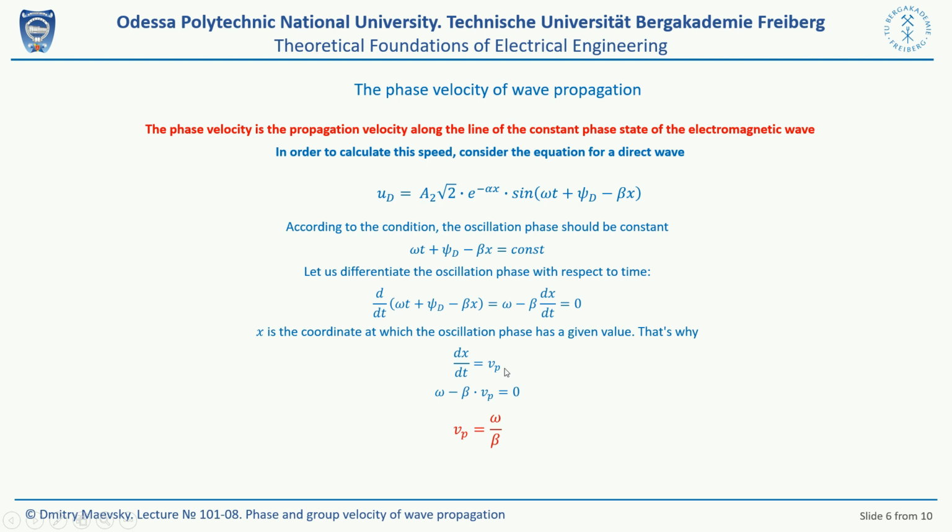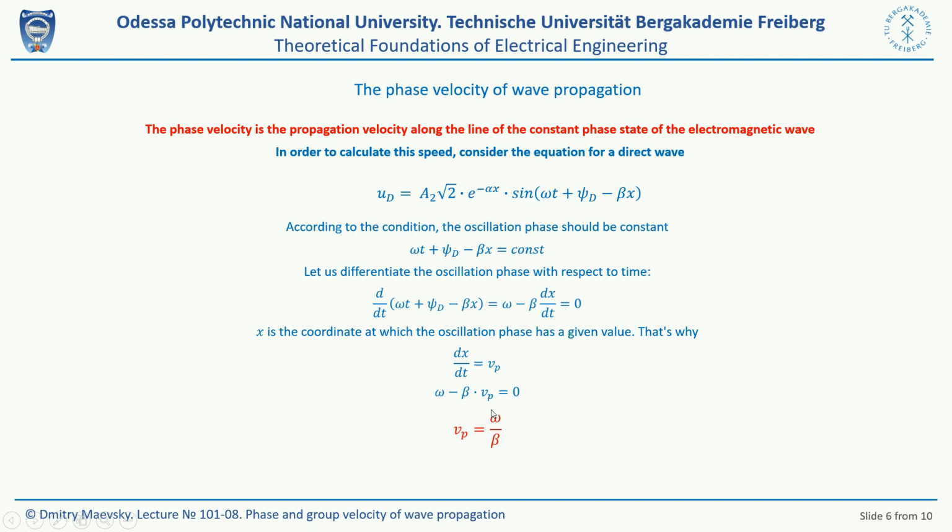Denoting this derivative as Vf, we get that the difference between omega and the product of Vf and beta is zero.